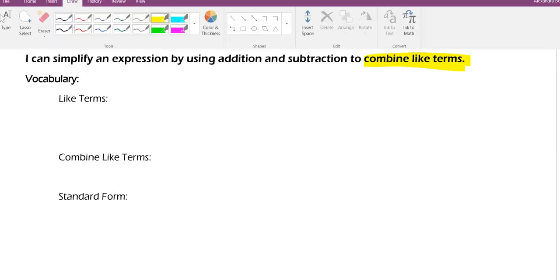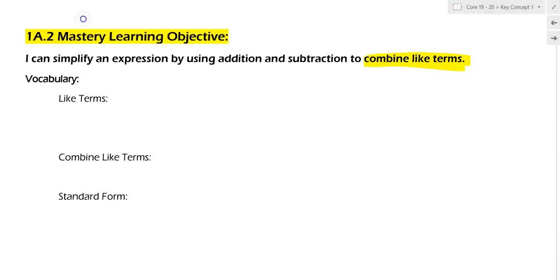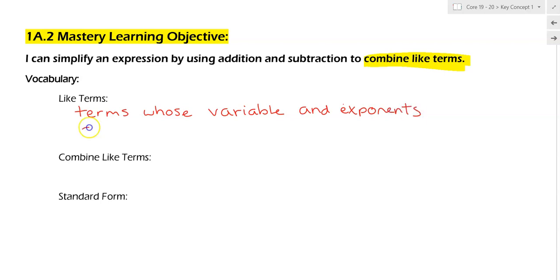So, first, what are like terms? Like terms are terms whose variable and exponents are the same.